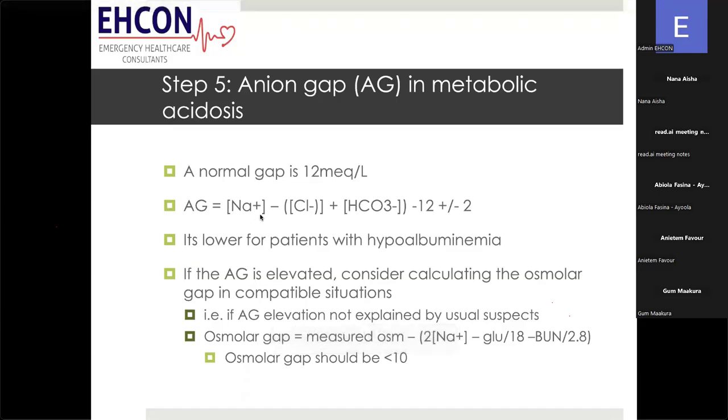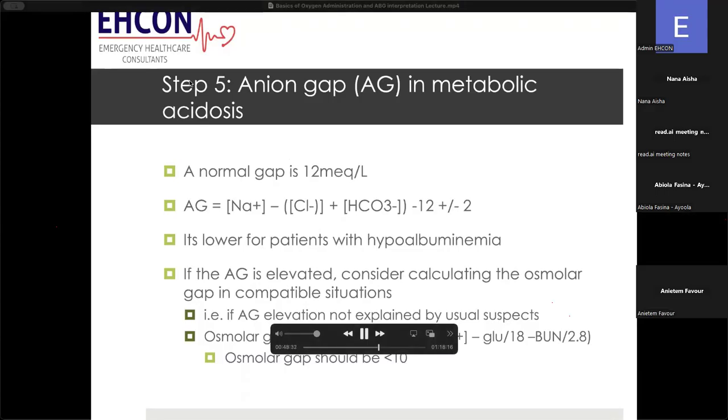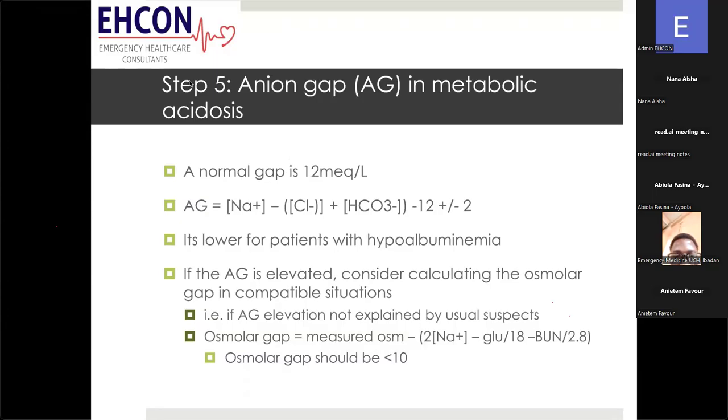From that value, you subtract 2 times the sodium concentration plus glucose over 18 plus BUN over 2.8.